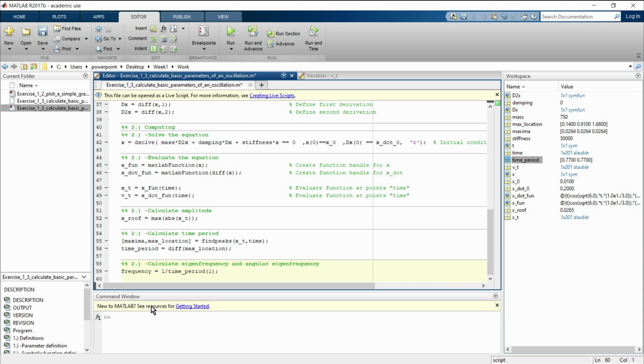And then we calculate the angular eigenfrequency by multiplying the frequency with 2 and with pi. And Matlab provides the constant pi within its code, so we don't actually have to look up what number pi is.